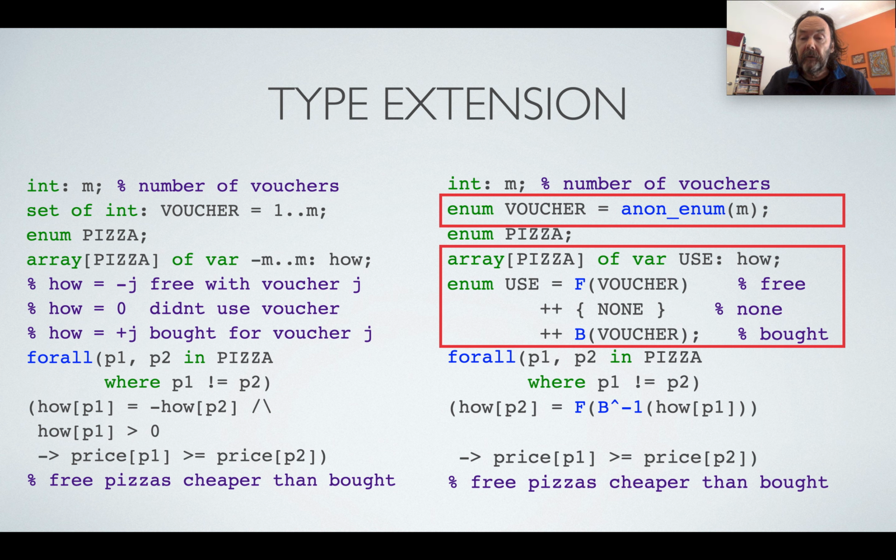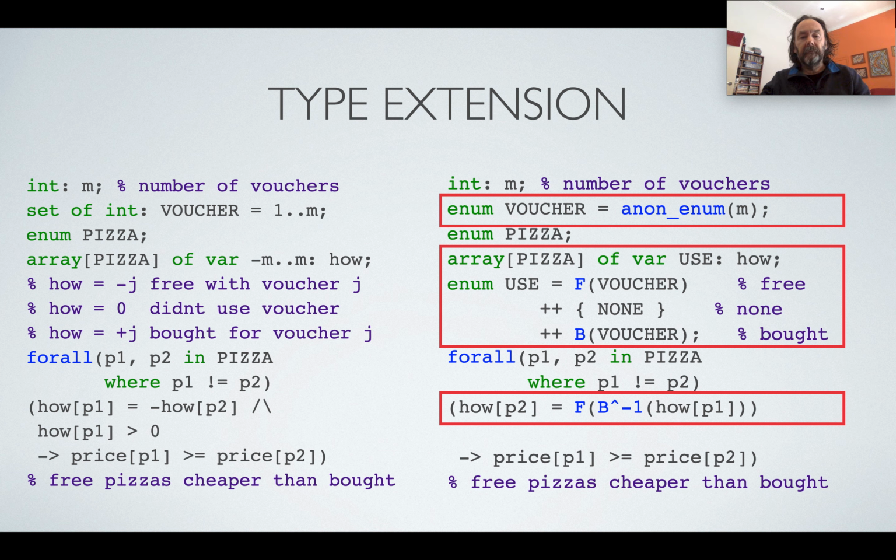And we're going to rely on the relational semantics here. If b to the -1 fails, so if P1 was not used to buy a voucher, then b to the -1 will just return undefined, and then the whole initial expression will be false, and the constraint will hold. So that's the key. We've been able to rewrite our check that 2 pizzas are talking about the same voucher.